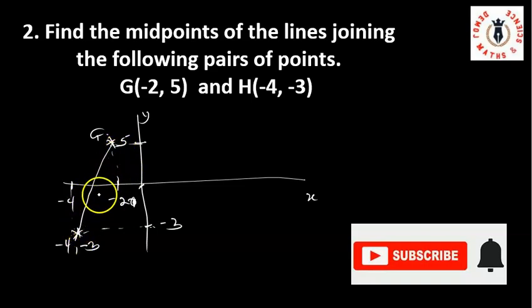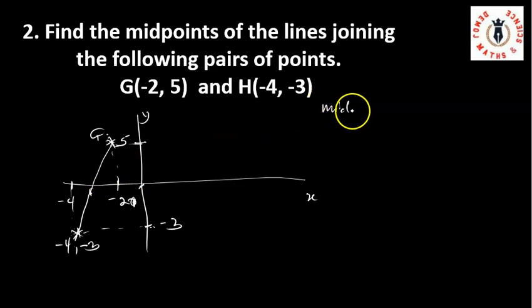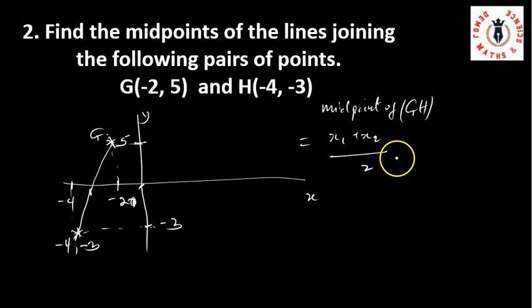The midpoint of this line will be a specific point along this line. For me to get the midpoint, we're going to be dividing by 2, so that the midpoint of GH will be given as x1 plus x2 over 2 and y1 plus y2 over 2.